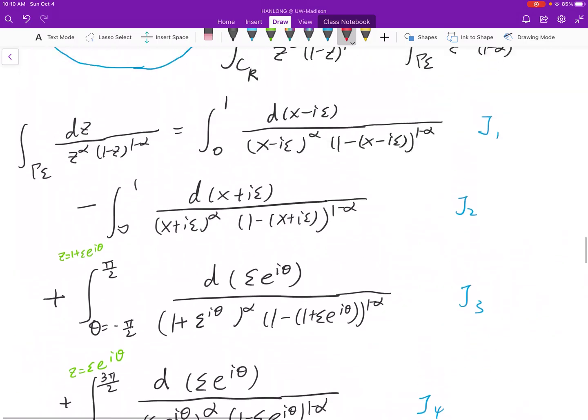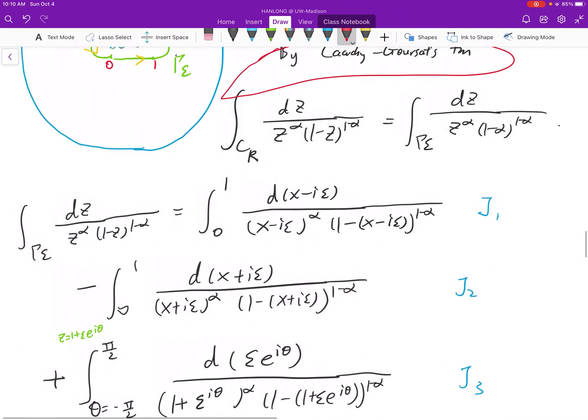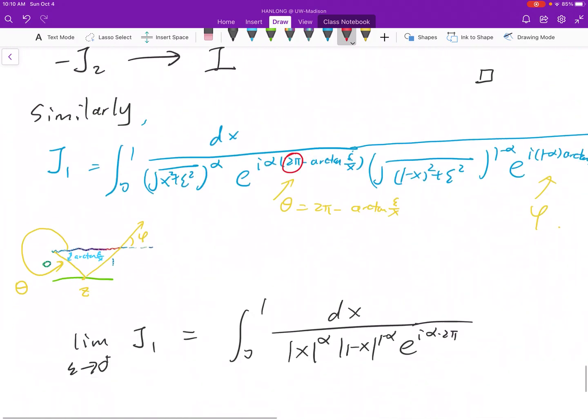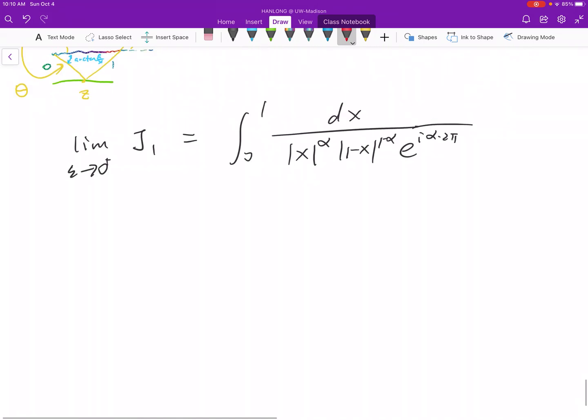So the left-hand side, the right-hand side, integration along gamma epsilon, dz, z to alpha, 1 minus z to 1 minus alpha.